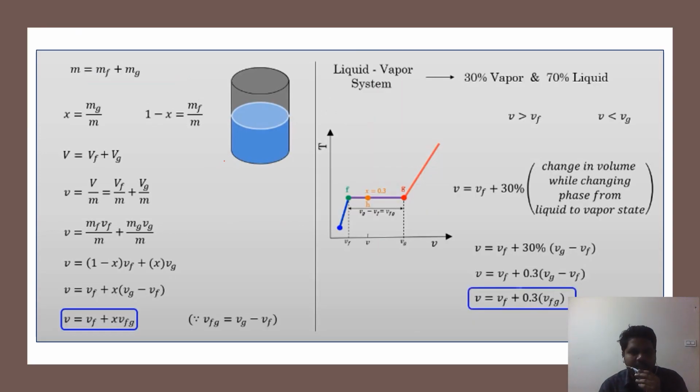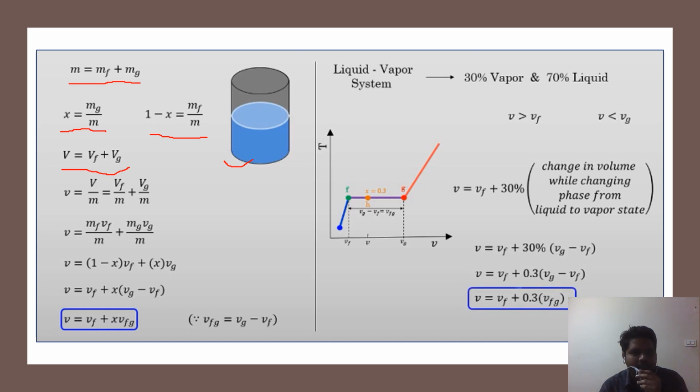Let us consider a liquid-vapor system. Then the total mass m equals mass of fluid plus mass of gas. Then dryness fraction x equals mass of vapor divided by total mass. Also we can write 1 minus x equals mass of fluid divided by total mass. Then the total volume equals volume of fluid plus volume of vapor.